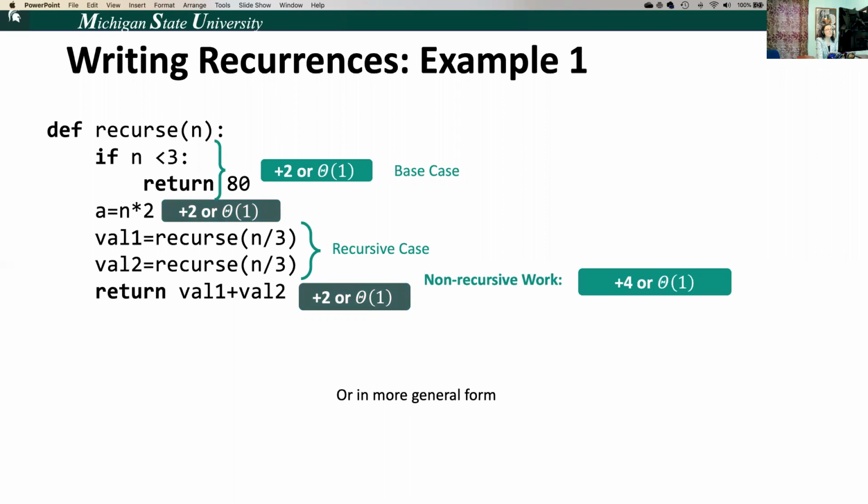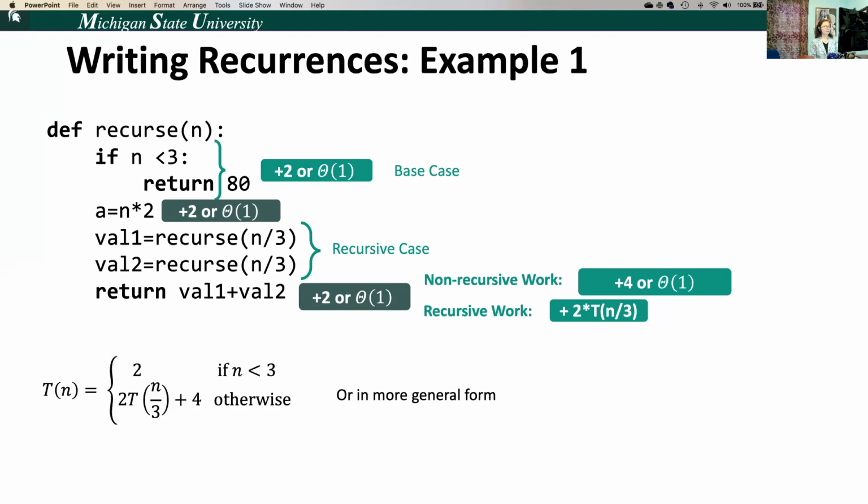So adding 2 values and returning, 2 operations, that is theta of 1. So basically, what we have is to represent our recursive call. Every time I make a recursive call, I'm dividing it by 3. So it's 2T n over 3.